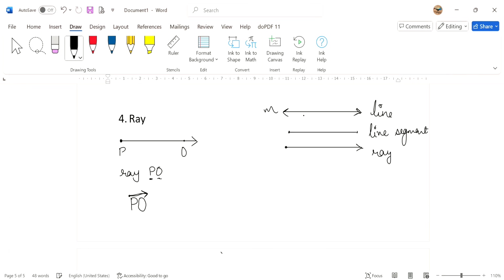Okay. Line you can refer to using a small letter or two capital letters. Line segment you can refer to using two capital letters, and so is the case for your ray. Okay. Now, for example, you have this line over here.